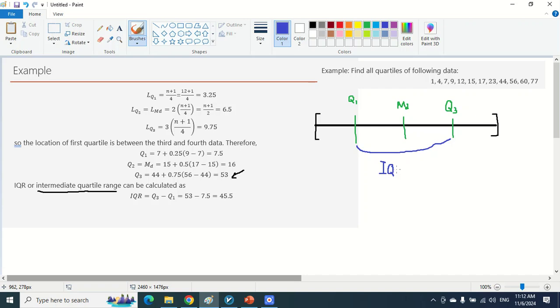Another important thing over here is the outliers. It means that some data are irrelevant to the given data, not related to them. For example, consider the example that we had: 1, 4, 7, 9, 12, 15, 17 and so on.